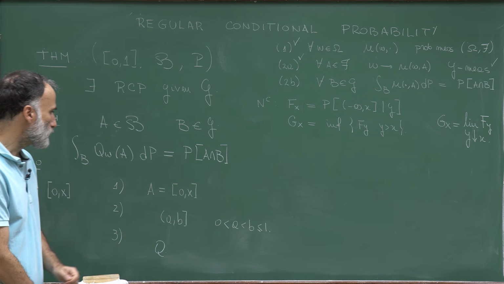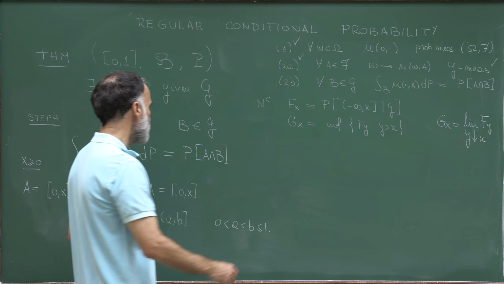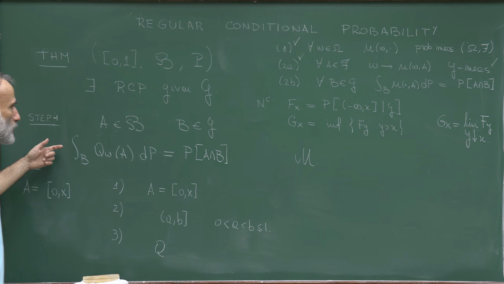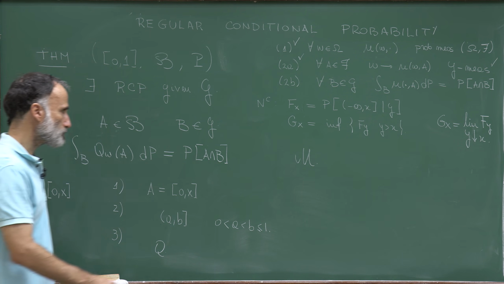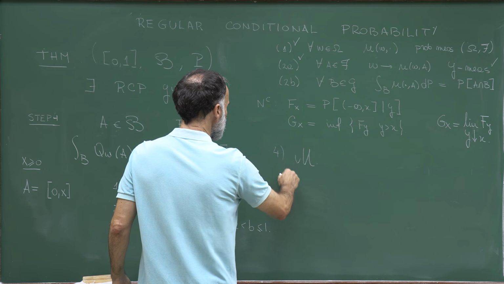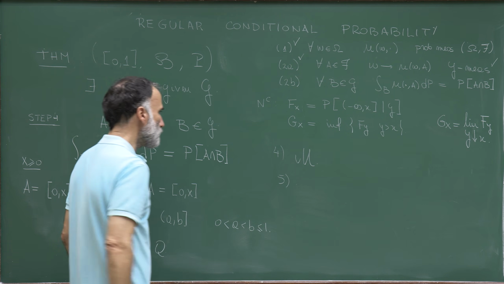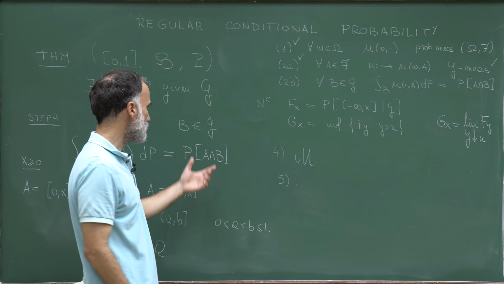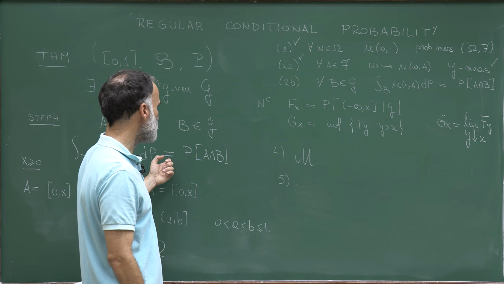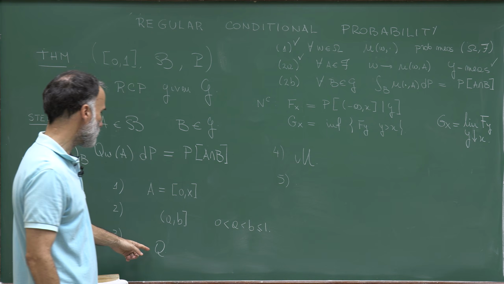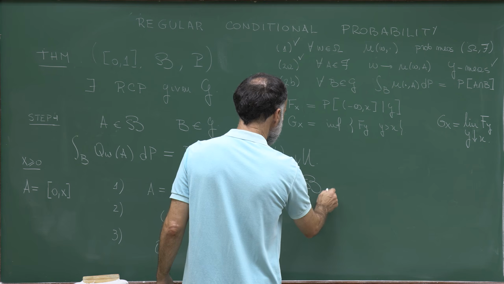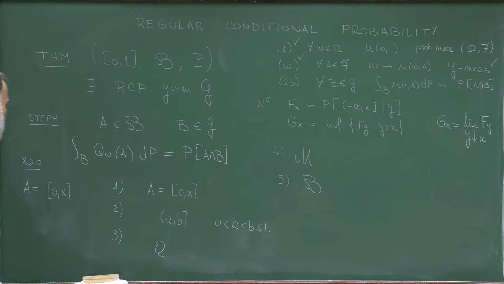So it holds for the algebra. Now we can claim that the family of sets A which satisfies this identity is a monotone class. And finally, we can use the monotone class theorem in order to say that, well, if this class of sets which satisfy this identity is a monotone class and contains the algebra, it contains the sigma algebra, but the sigma algebra is the set of Borel sets.